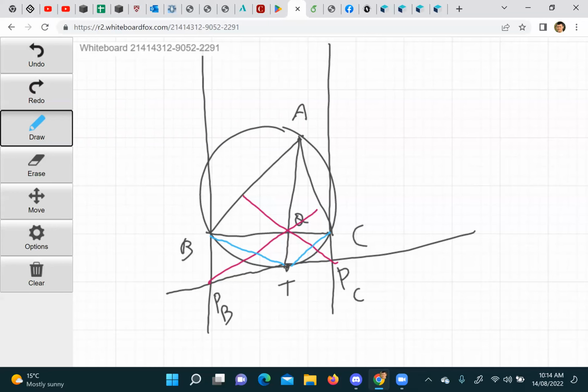Surely it works, right? This is cyclic, and then prove this. I don't think I'm understanding the problem correctly yet. You're saying stuff is cyclic.